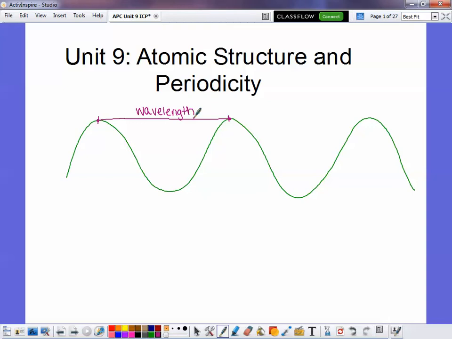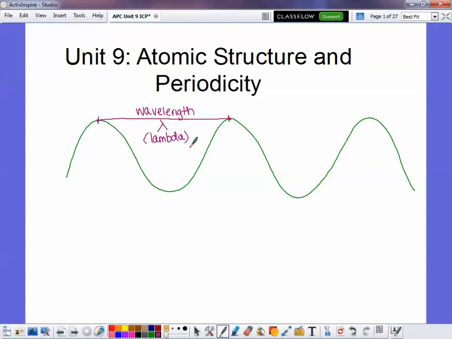Wavelength has an abbreviation, like a variable type thing. And it's not W. It is lambda. It's a Greek letter. We use Greek letters a lot in math and science. I think we ran out of the regular alphabet.